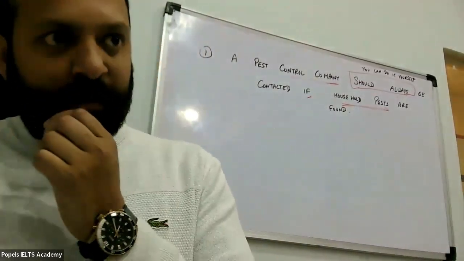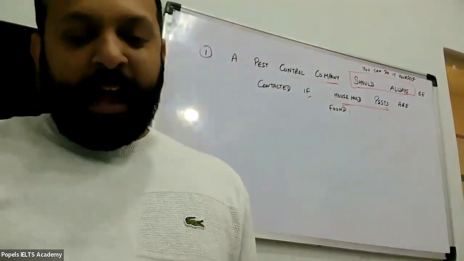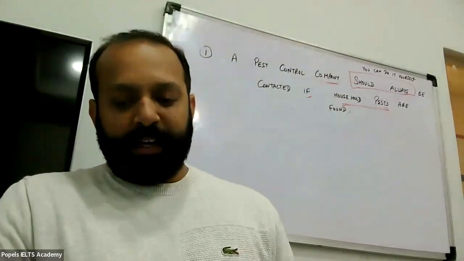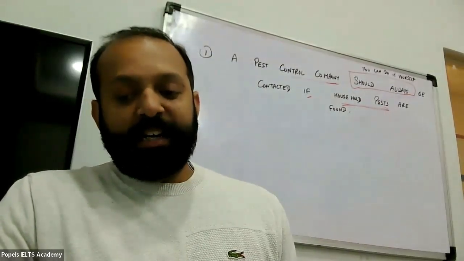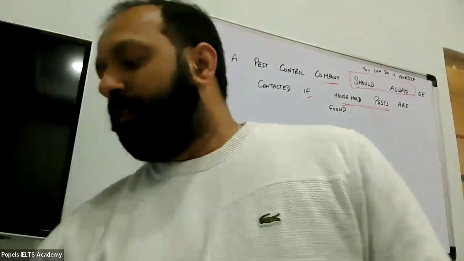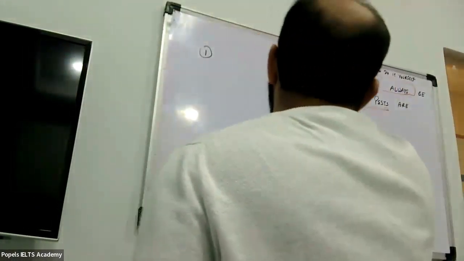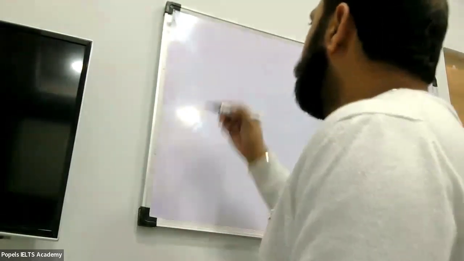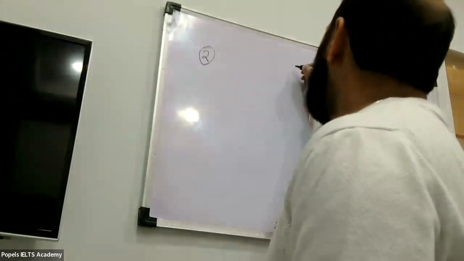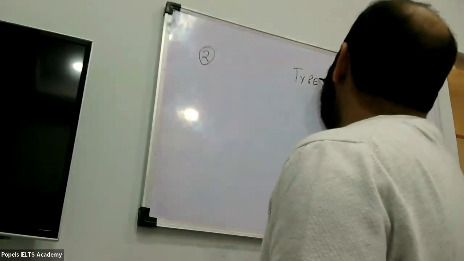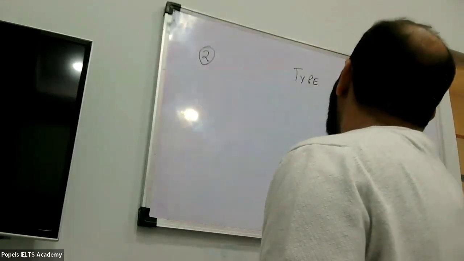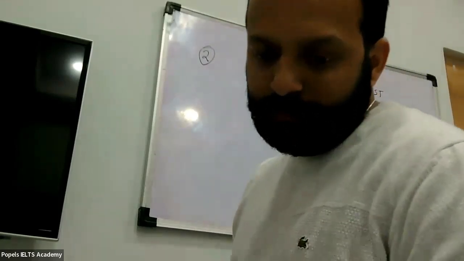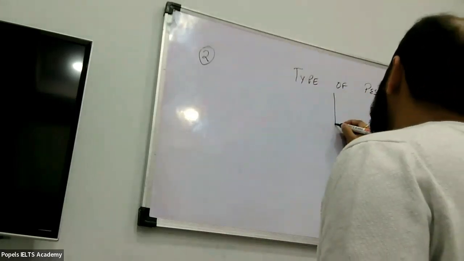Next. That is the next one. It is best to choose a company that specializes in the type of pest you have. Now, everything is dependent on one condition. What is that? Type of pest. It says type of pest is the key to what? Behind selection of companies.